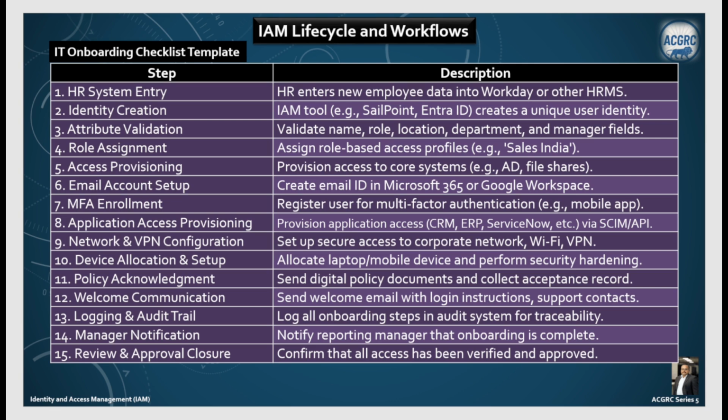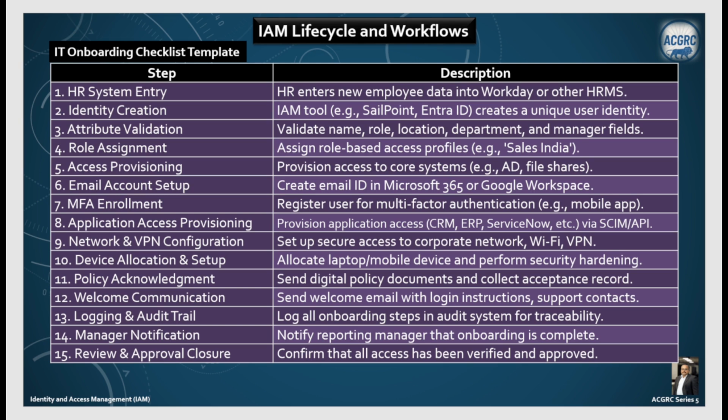It registers users for multi factor authentication. It provisions application access via SCIM or API. It sets up secure access to corporate networks, could be Wi-Fi or VPN. It allocates laptop, mobile, and performs security hardening.